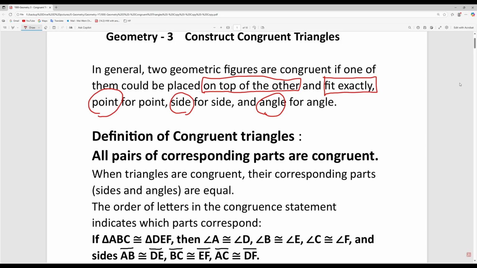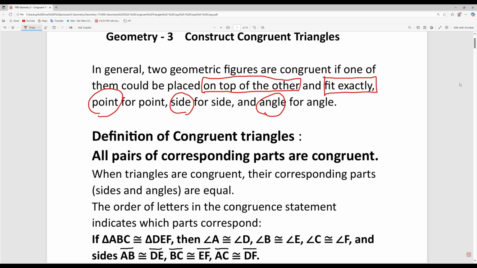However, if two triangles are not on top of each other, how do we decide if they are congruent triangles or not? Yes, I will have solutions for you.